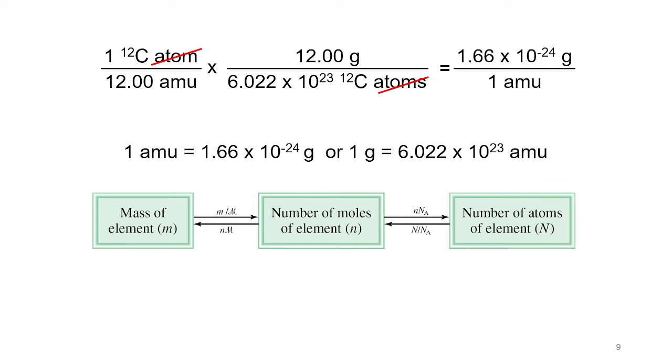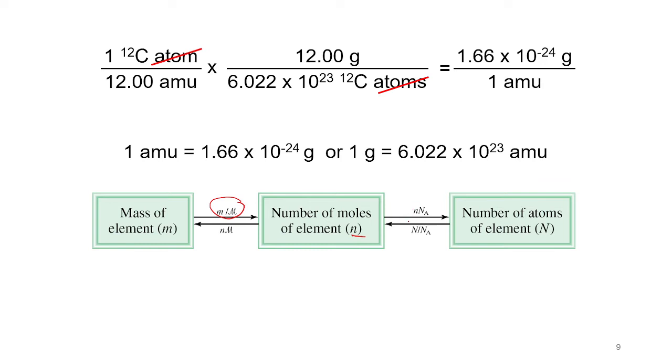If we multiply the number of moles with the molar mass, we will have our mass of the element. So we have some sort of dimensional analysis here. From the mass of the element, we divide it by the molar mass, and we get the number of moles.